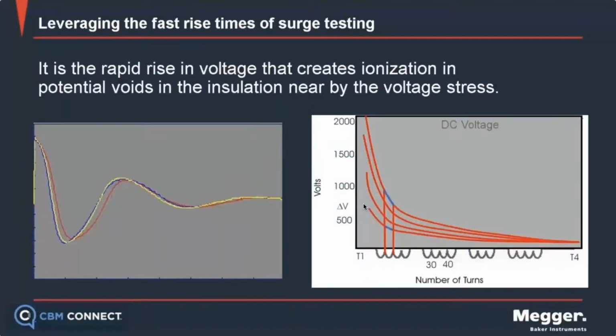Again, we're leveraging this fast rise time on the left here of this surge wave. This is that rapid change in voltage that's causing local ionization to occur, if it is going to occur.